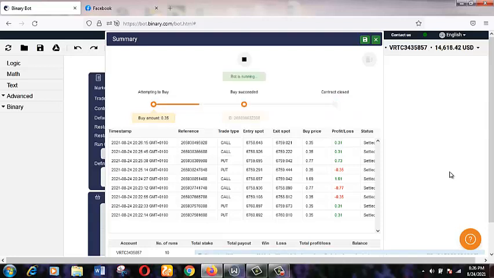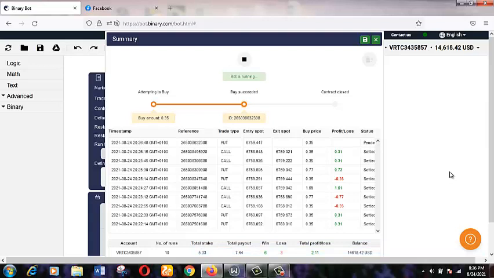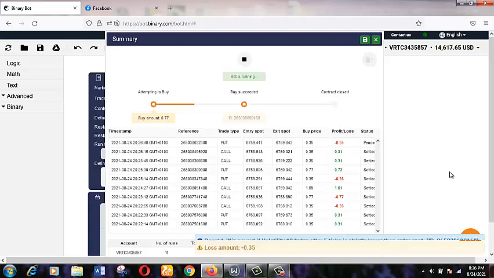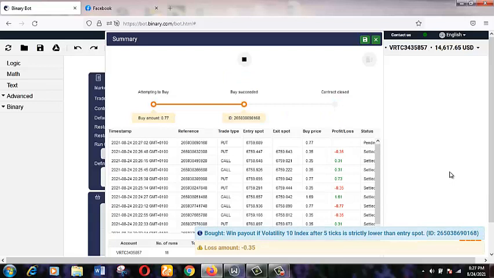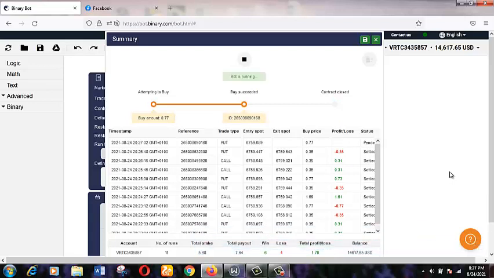Because of the fact that it's a multi-gain EA, we're having 3 consecutive wins. So we have 2.11 now already as our profit within just 4 minutes of trade. We have gotten that. That was a loss. And that trade is taken.